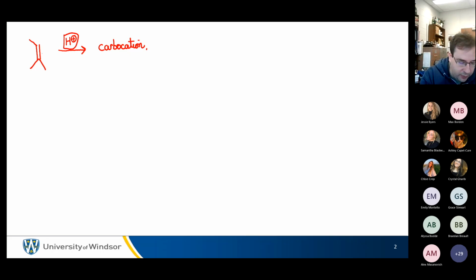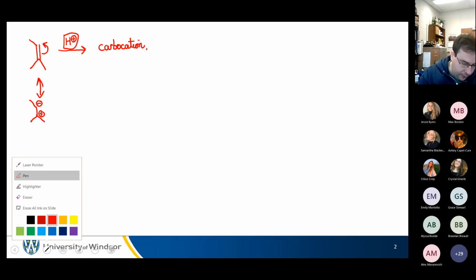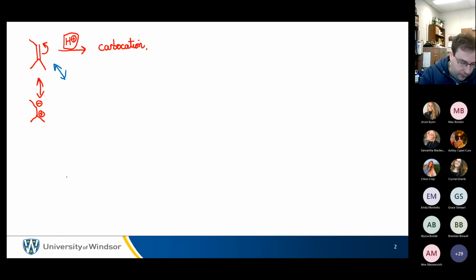There's a resonance structure. There's two resonance structures we can draw with this double bond, right? We can put the lone pair on one carbon or the lone pair on the other.